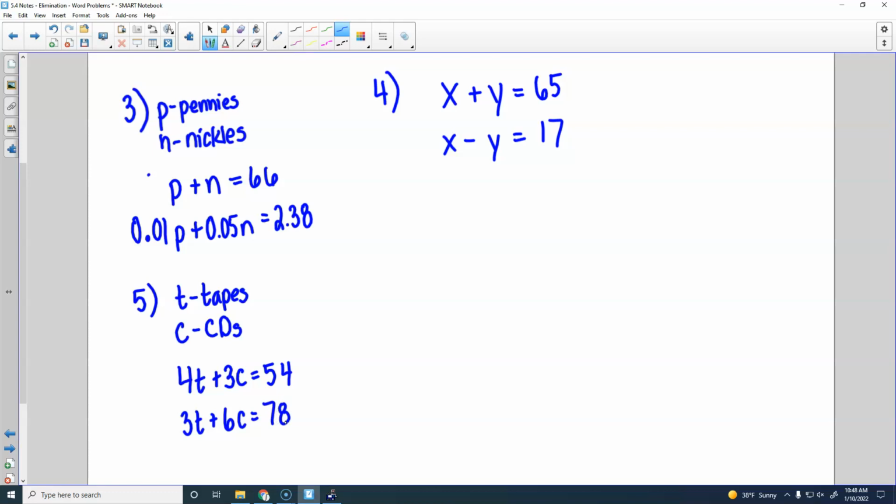Very good. I like, especially, that you didn't let it trip you up on that last part, because Jan buys 4 tapes and 3 CDs, so you got 4T, 3C. Larry buys 6 CDs and 3 tapes. A lot of students do 6T plus 3C there, just because they're doing that same order. But you got it right with the 3T and the 6C. So it looks great. Any questions on that one?